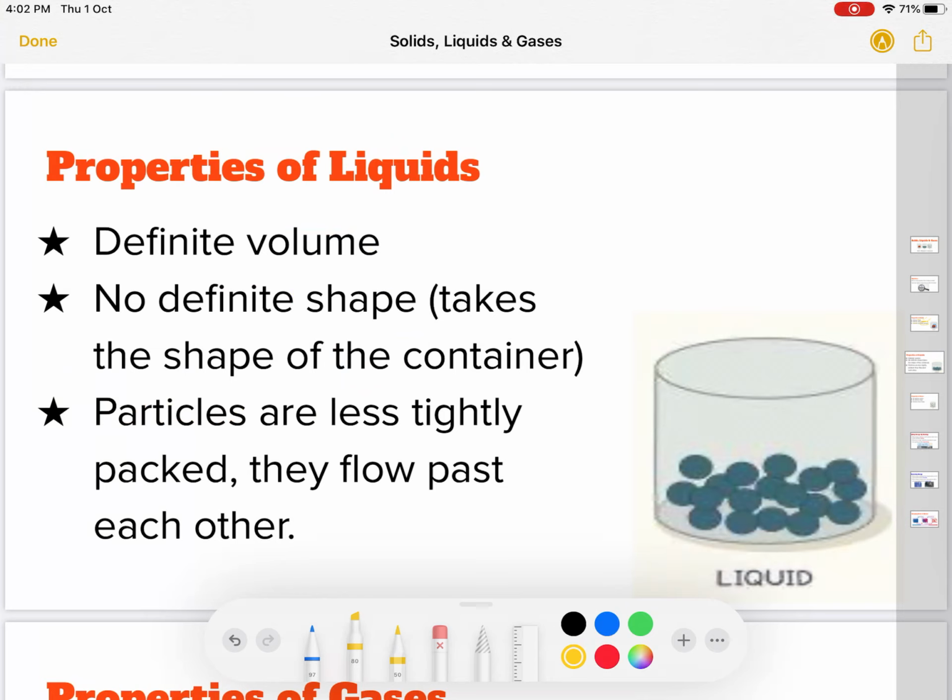Now, when I have a glass of water, for example, does the water take a specific amount of space? Let me write here: volume is equal to space. Does the water take a specific amount of space in the cup? Of course.